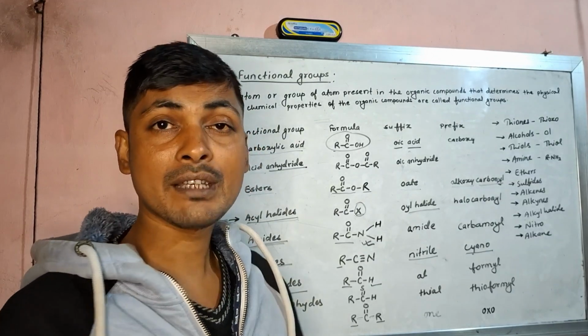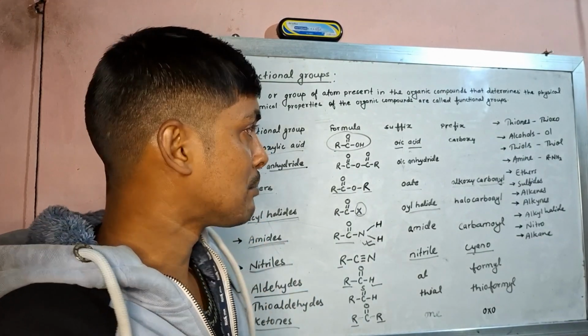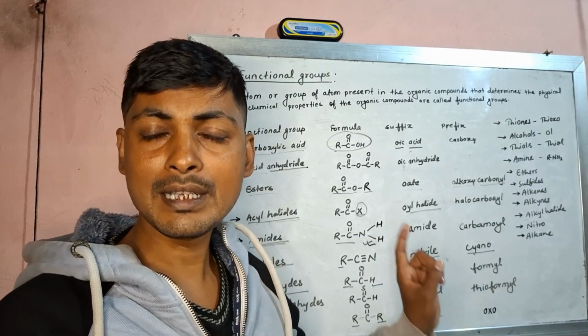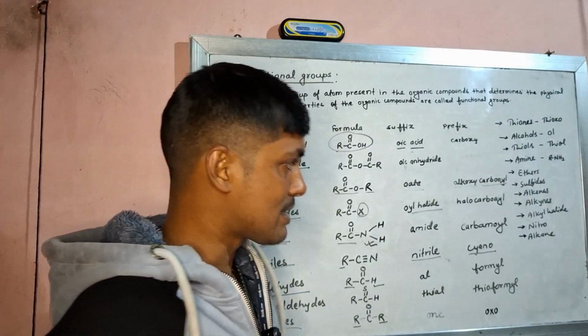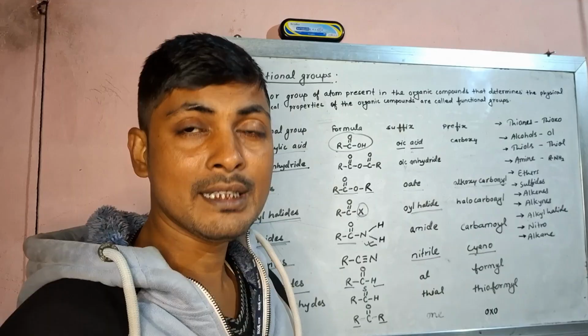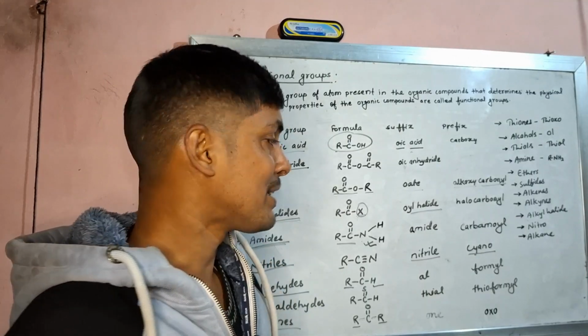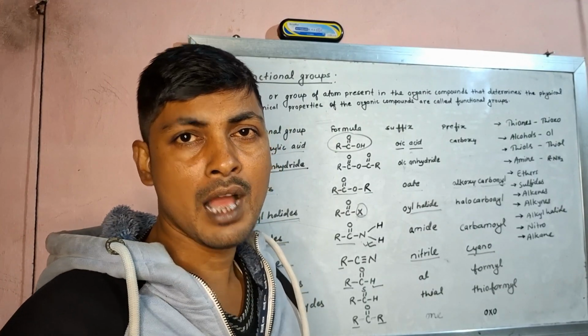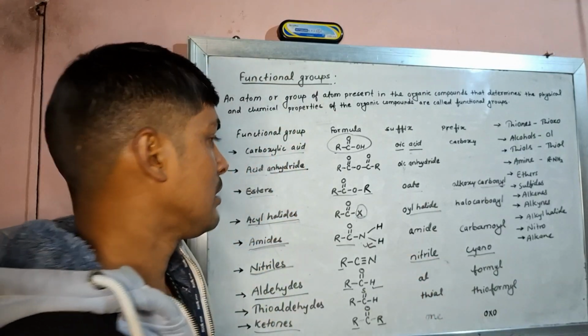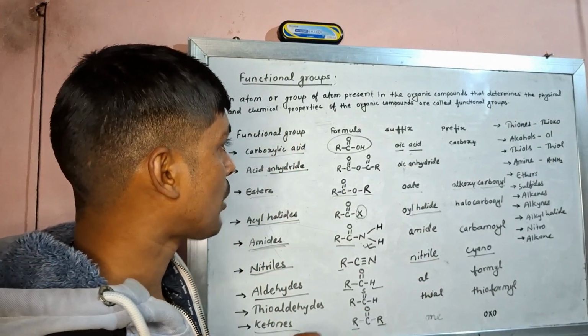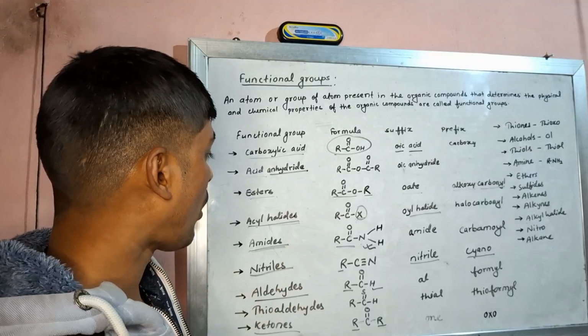Generally, most of the functional groups are used as suffix, but for some, like nitro, it is used as a prefix. If there is any halogen, halo is used as a prefix.